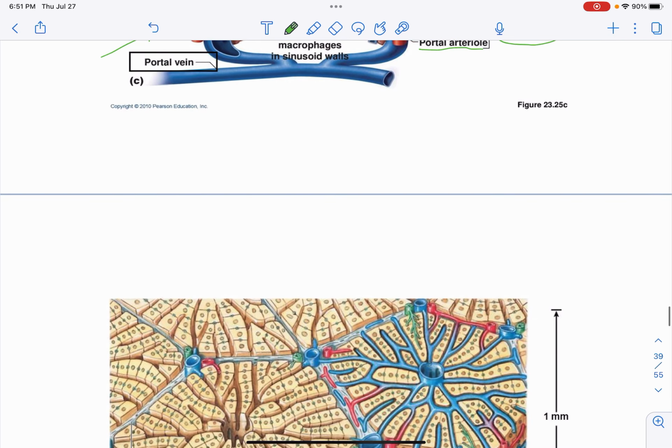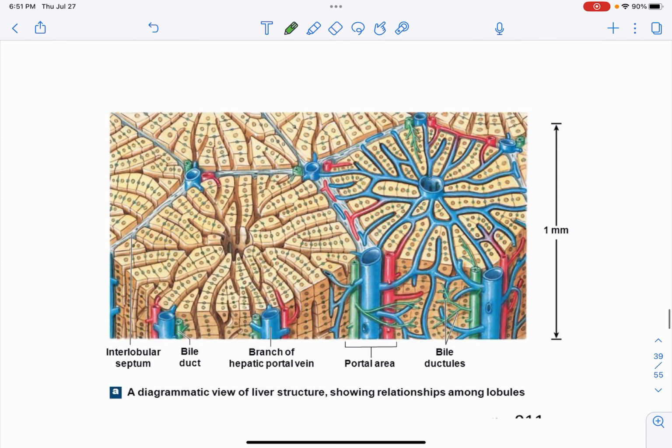So let's take a closer look, looking at a couple different liver lobules. Again, you can notice the portal triad is going to be at all the corners. That's going to contain an artery, a vein, and a bile duct, okay? So again, these hepatocytes here are going to make bile. The bile is going to dump into those canaliculi and then dump into the bile ducts.